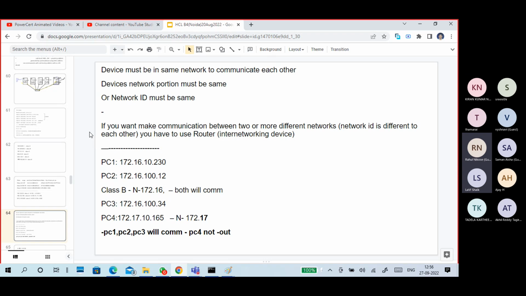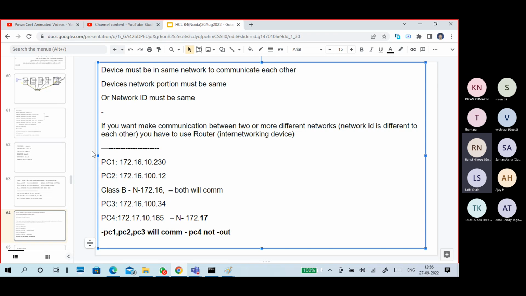Without going into the internetworking part, we'll stay in the networking part. To make communication between devices, their network portion or network ID must be the same. Of course, physically they have to be connected.